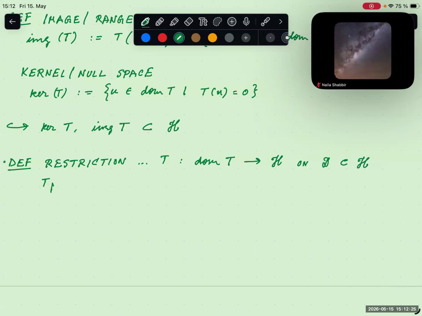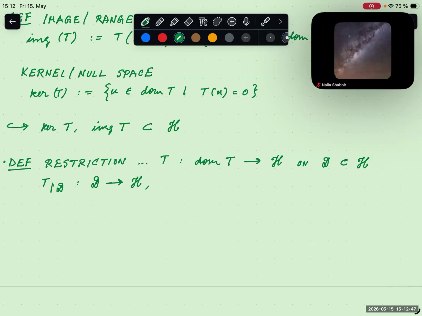So this is a linear subspace of our Hilbert space. This means that now this is the domain. So now the map is from D to H.